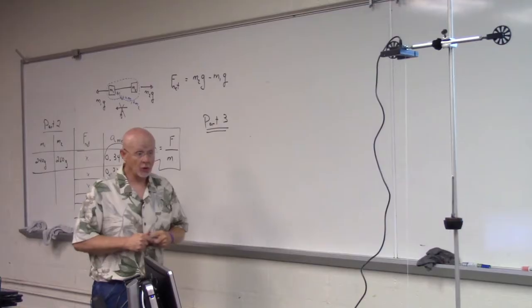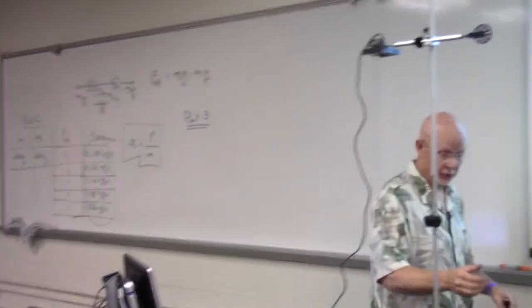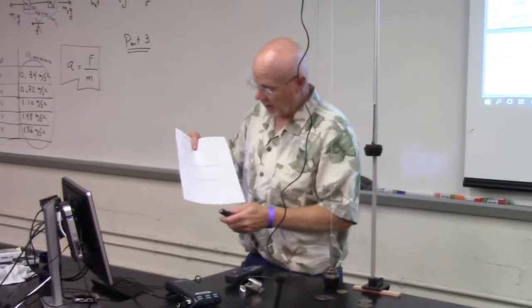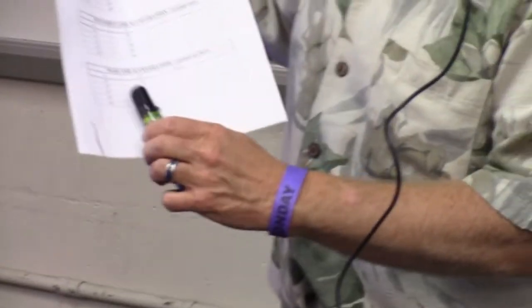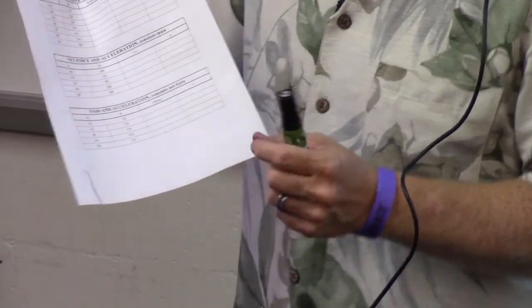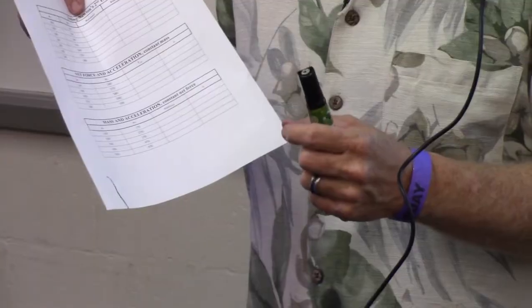And so in the table here, you will see that in number 3, we always have a difference of 20 grams. And so we don't change the net force, but we change the mass. So let's collect our data and have you do your calculations.